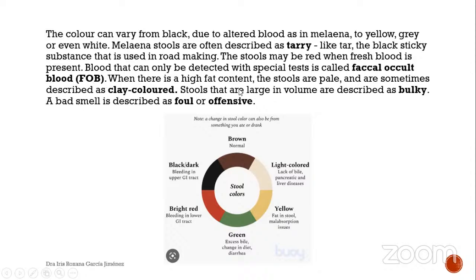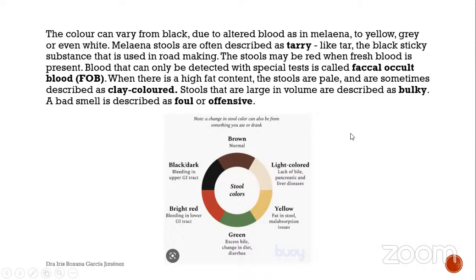When there is a high fat content, the stools are pale and sometimes described as clay-colored. The stools that are large in volume are described as bulky. A bad smell is described as foul or offensive.